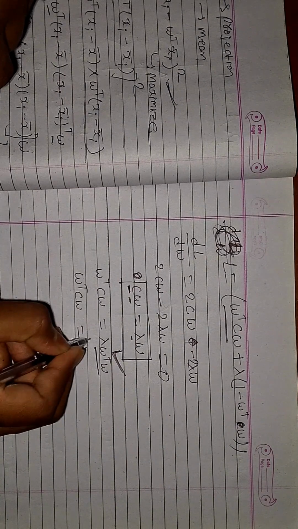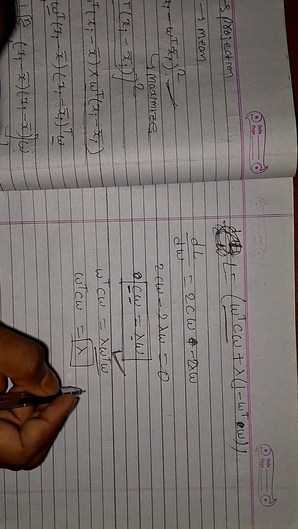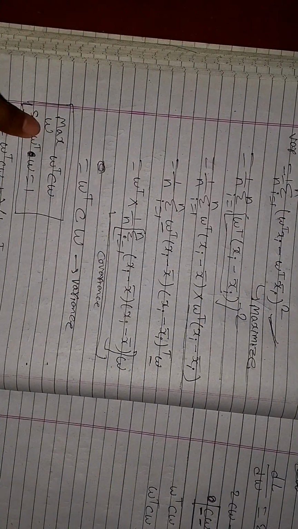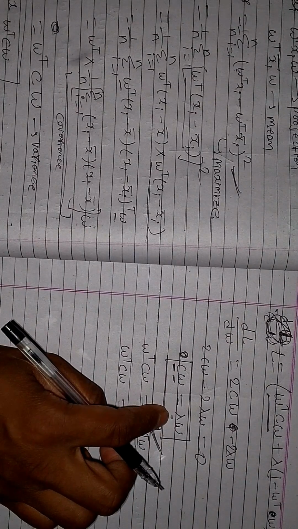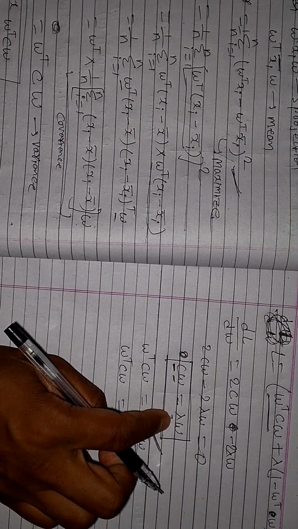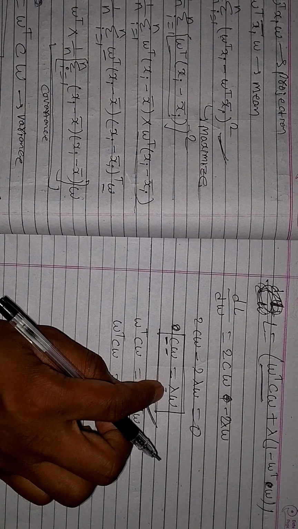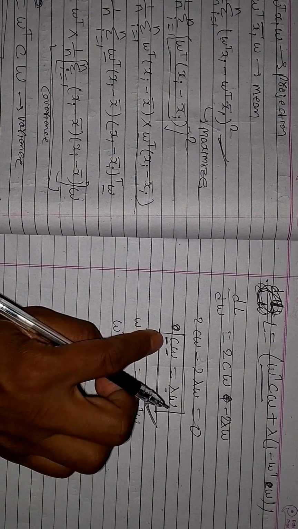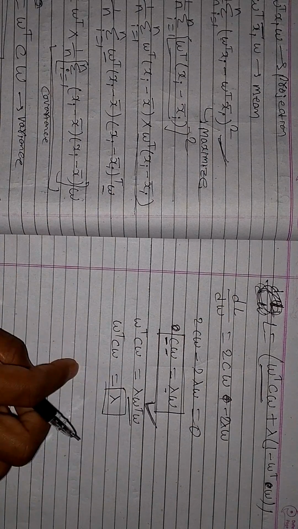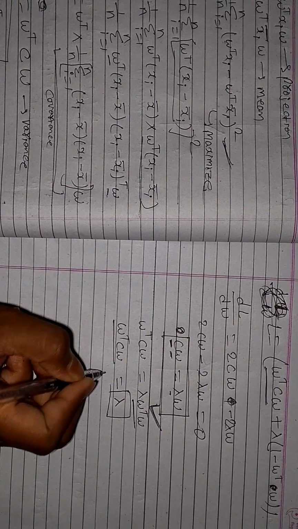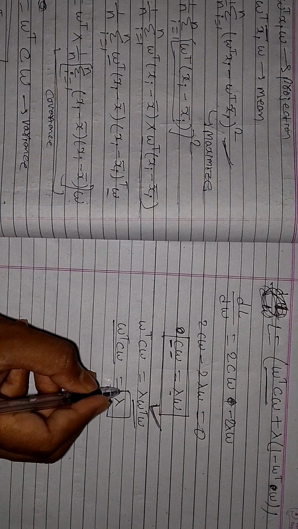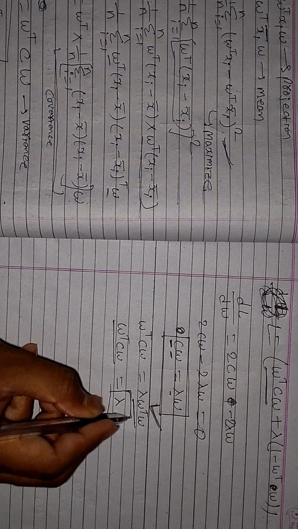This is our goal, and the solution to this goal is lambda, the eigenvalue of the covariance matrix C. The eigenvalue is the same thing as W transpose CW.